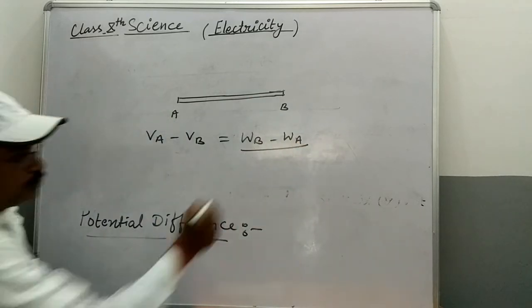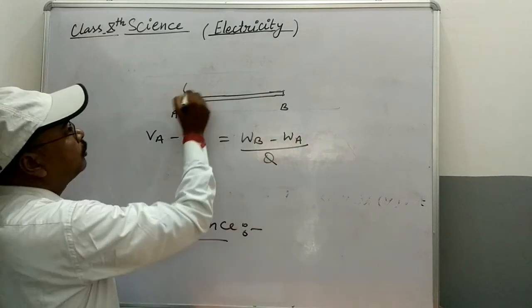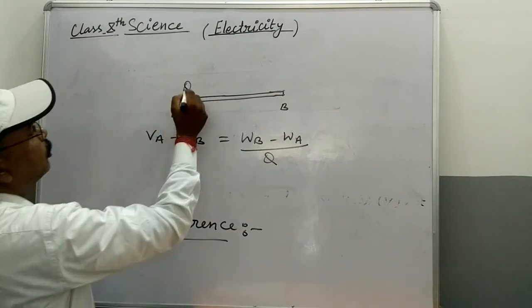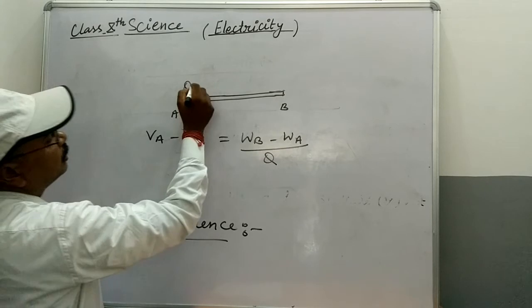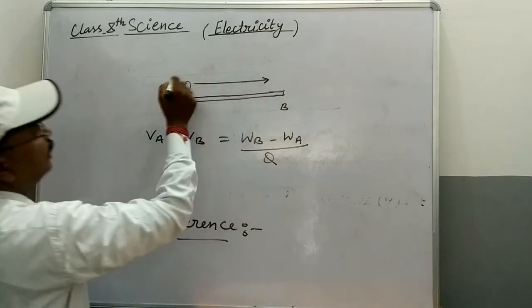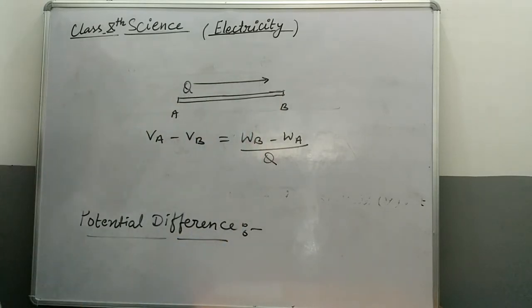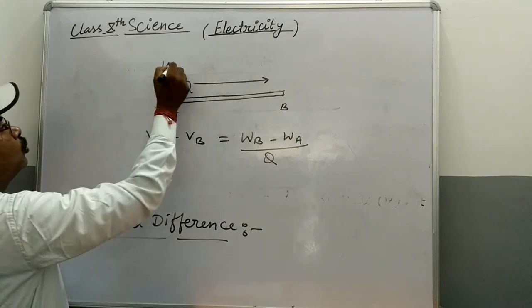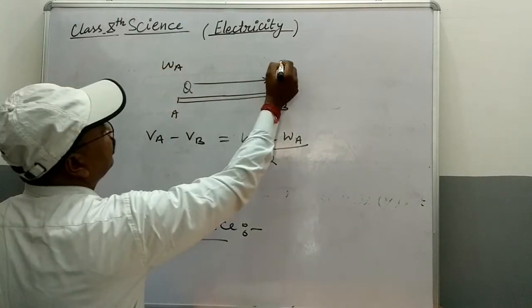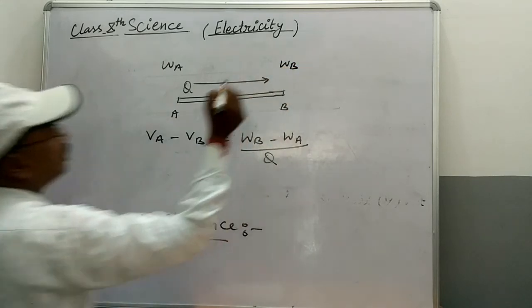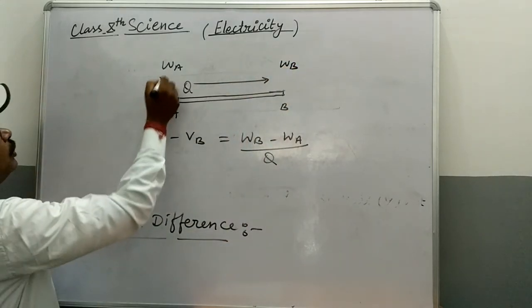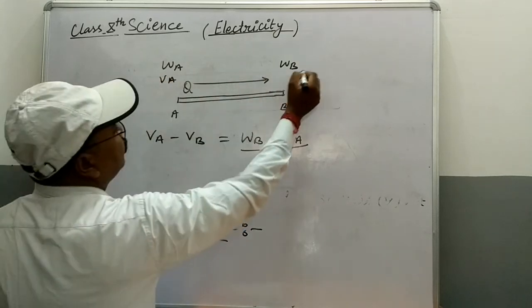upon Q. What is Q? Suppose, students, Q charge is brought from point A to point B. At point A the work is WA, and at point B the work is WB, and the potentials at points A and B are VA and VB.